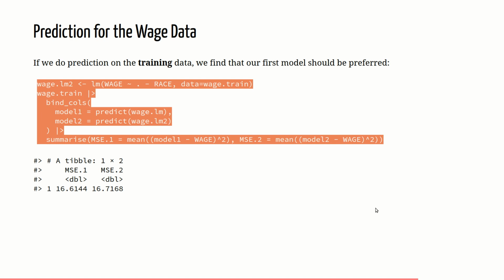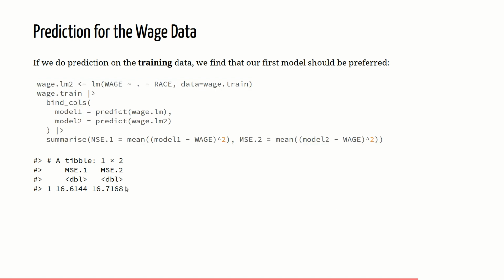We find that the mean square error of model 1 was 16.6, and the mean square error of model 2, the one without race, is 16.7. So by removing race from our model, we've done worse on the training data.